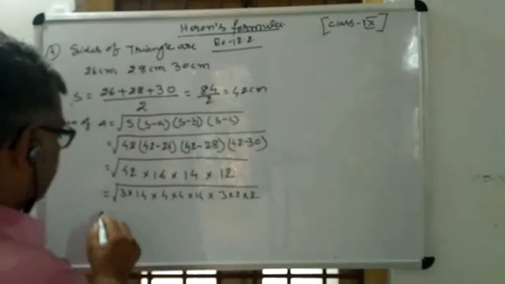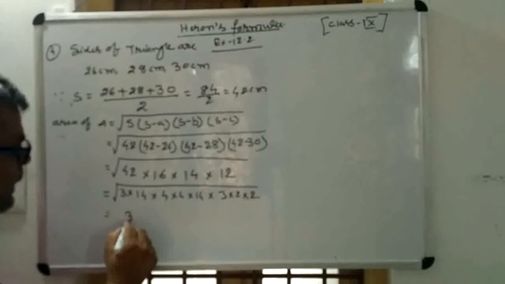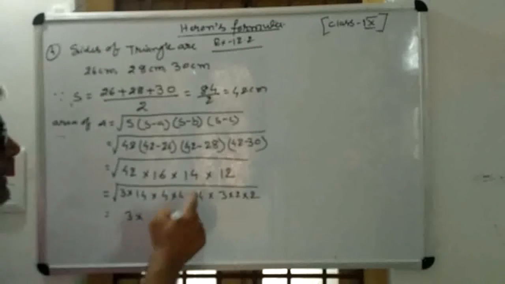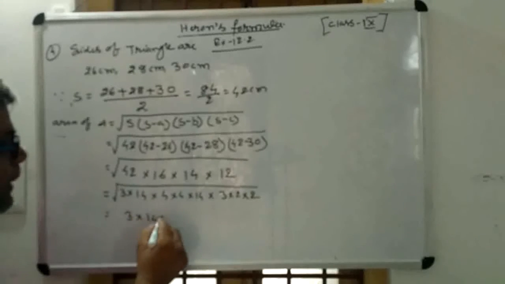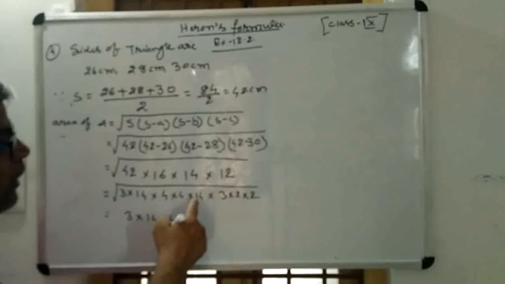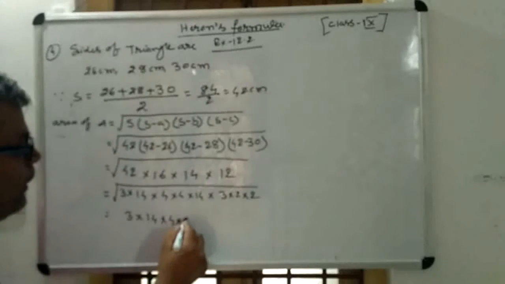Now what you observe is that 3 is in pair, so take one 3 out. 14 is also in pair, so take 14 out. 4 is also in pair, so take out 4. 14 already taken, 3 already taken, and now 2 is also in pair.